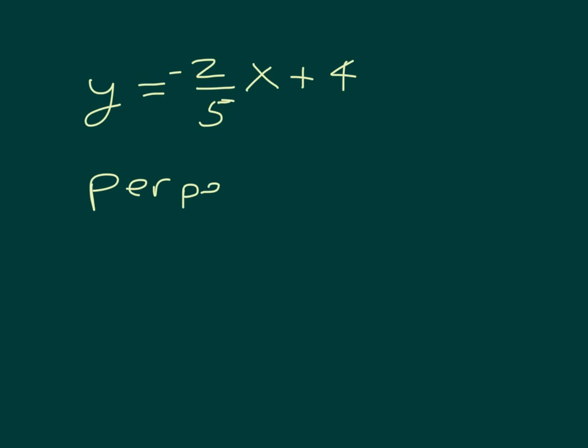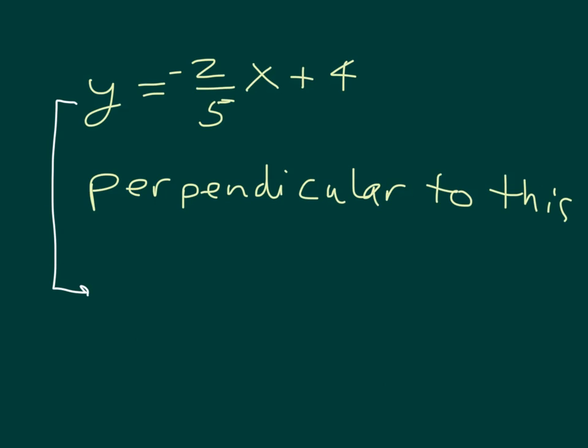Alright, quick check on perpendicular. If I had y equals -2/5 x plus 4, and I wanted to create something that was perpendicular to this, there are many possible choices that you could make, but if I wanted perpendicular to this equation and to that line, my slope better start off with a positive 5 over 2, and that would guarantee me that I've got perpendicular lines.